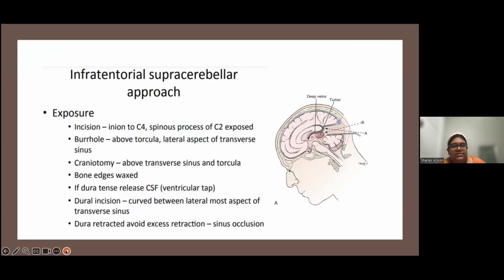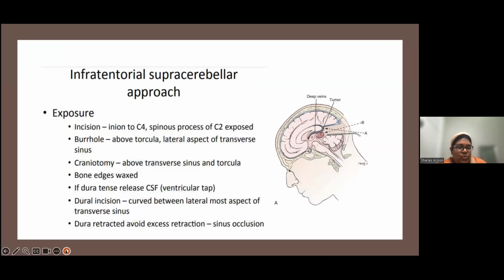With regard to exposure, the incision extends from the inion to C4. The spinous process of C2 is exposed. The burr hole is done above the torcular, lateral aspect of the transverse sinus. The craniotomy is above the transverse sinus and the torcular.